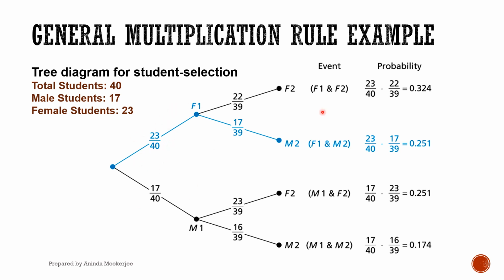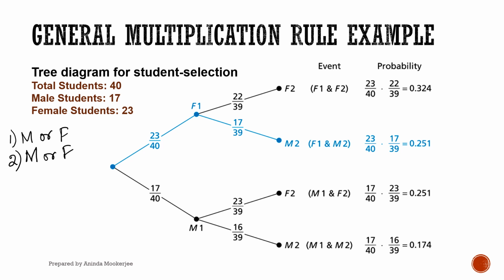All right, so in other words, when I draw a name the first time, my first student can be either a male or a female, correct? And in the second draw, I can also have a male or a female.